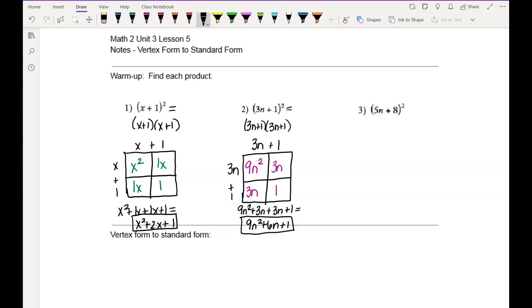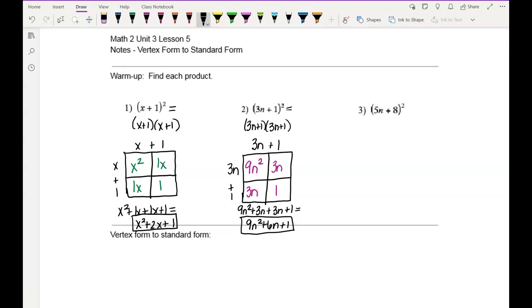So you notice each time I multiply these, I am getting a trinomial as the answer. And this is actually an important skill for what we're going to be doing today. As today we're going to be looking at going from vertex form to standard form.